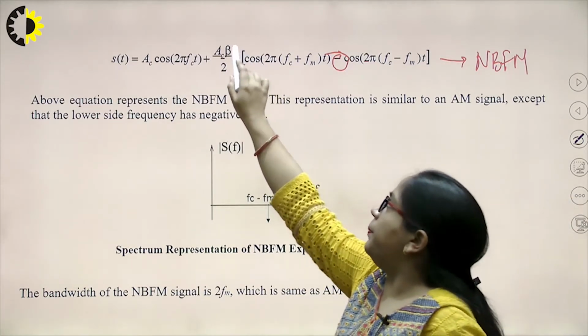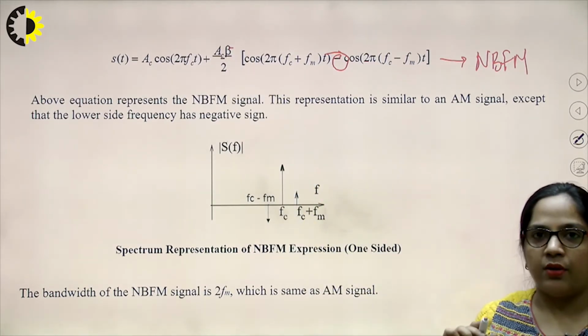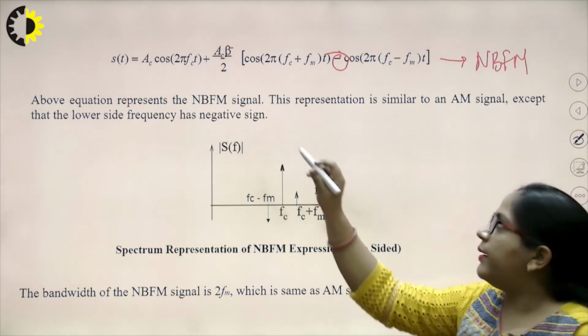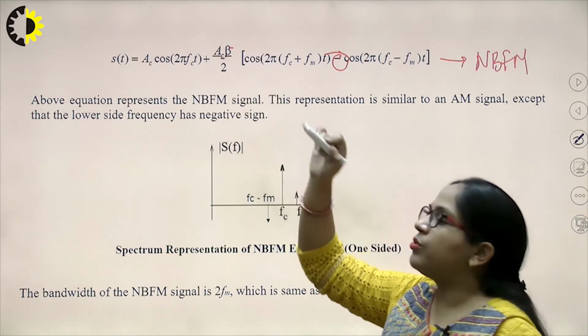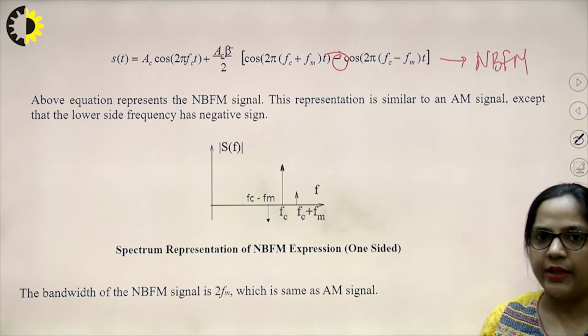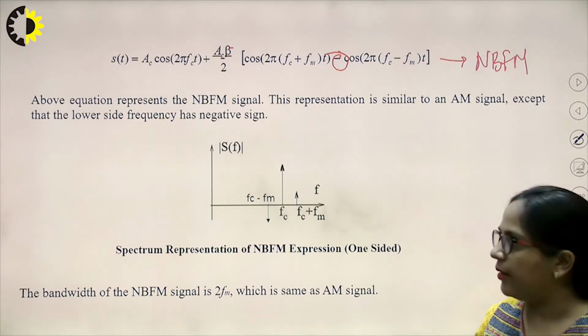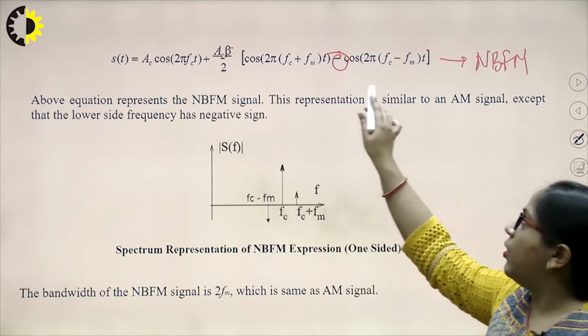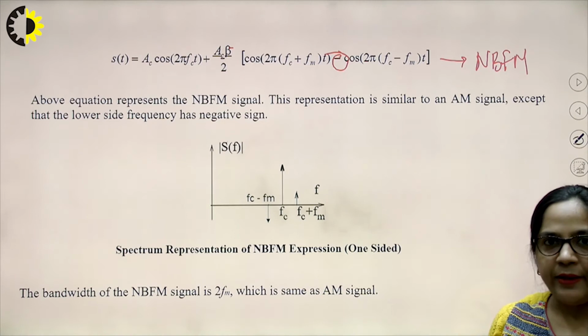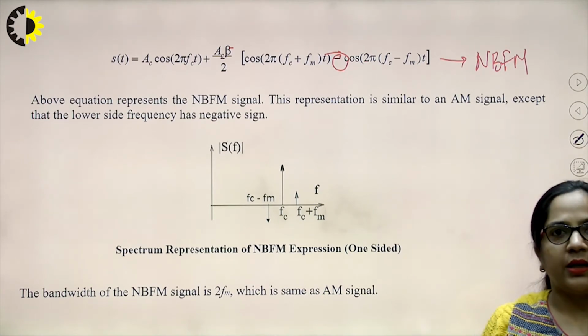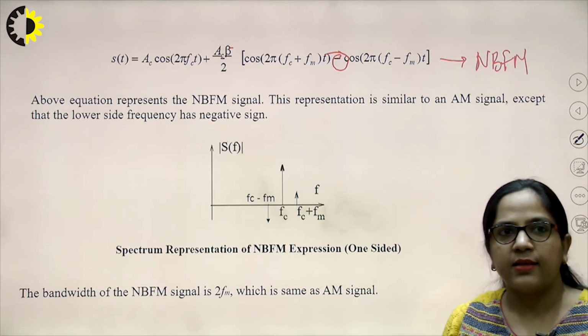Here beta represents the modulation index for the case of FM signal, and in amplitude modulation we used mu to represent the modulation index of the amplitude modulated signal. So, this expression of NBFM that we have obtained is very similar to the expression of an amplitude modulated signal.